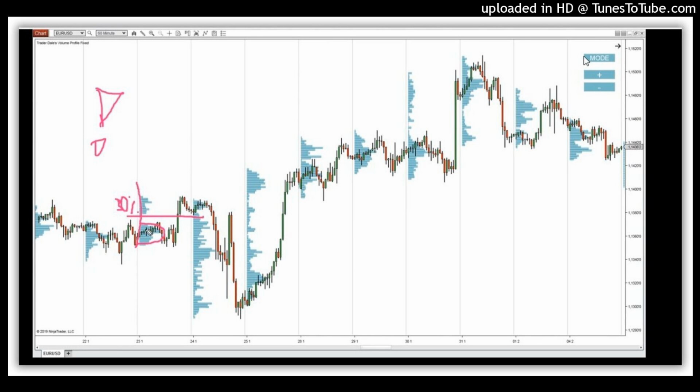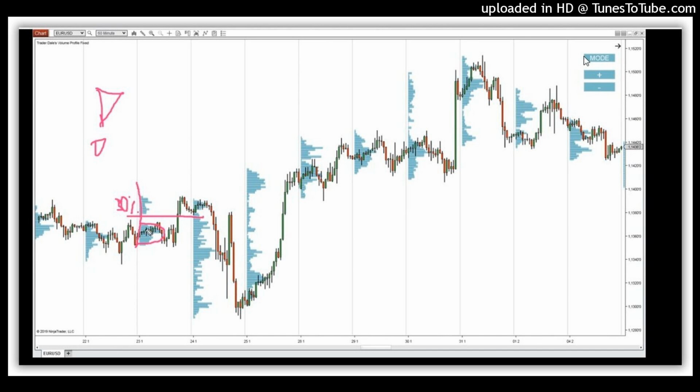After that, the price goes out of the balance into a P-shaped profile and then into a B-shaped profile. Afterwards, it goes into a balance. And what I wanted to show you is that this is what usually happens when there is a P and then there is a B. Usually the price is just rotating and creating one big D shape.